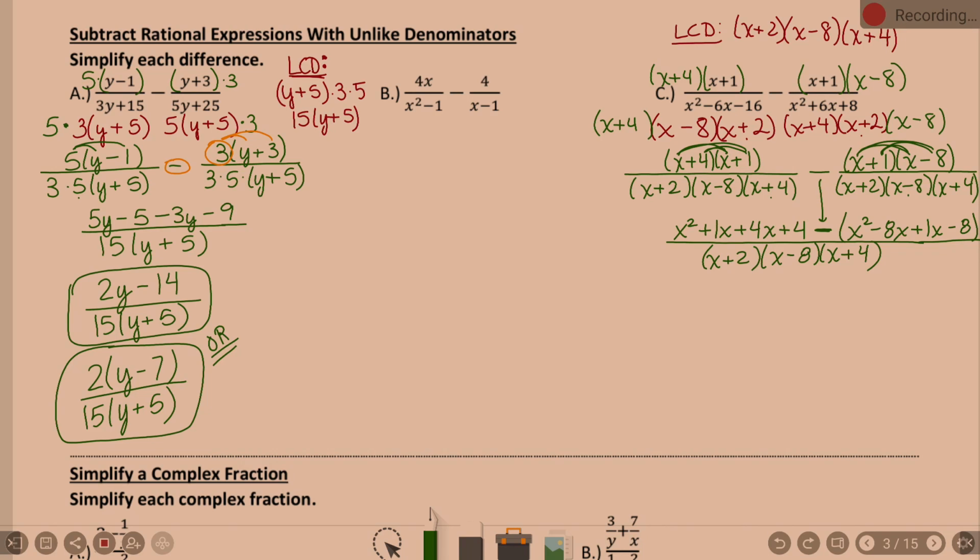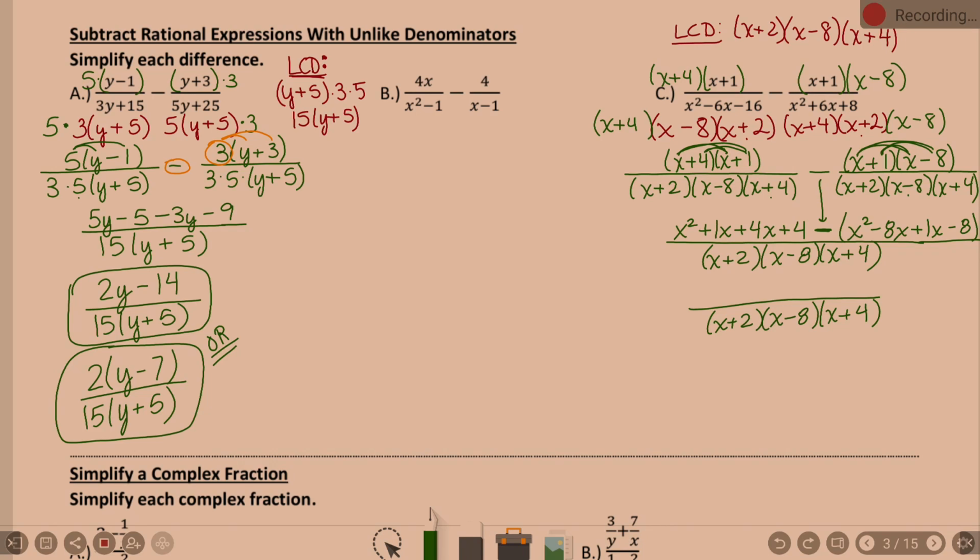Okay, let me write up my next line. We know our denominator is going to be X plus 2, X minus 8, X plus 4. Okay, everything from the second fraction is being subtracted. So be careful here.